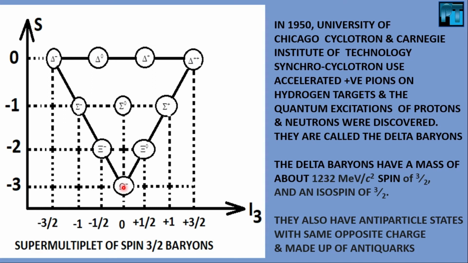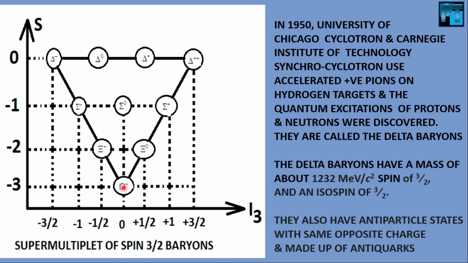What they did was use accelerated pions, mainly accelerated positive pions, and the target was a hydrogen target. Then, from the locus of the particles, some new particles emerged. They were actually low energy resonance particles of protons and neutrons.